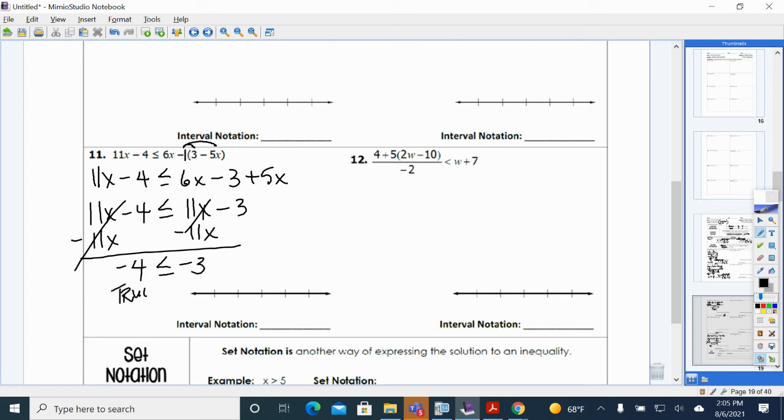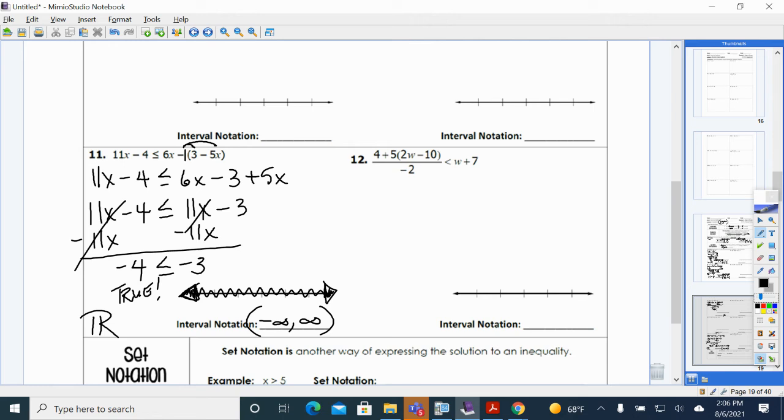And because it's true, our answer is technically all real numbers, which means my whole entire number line would be shaded. Every number is going to make that inequality true. Interval notation here. Far left is -infinity. Far right is positive infinity. And my interval notation is going to be -infinity to positive infinity.